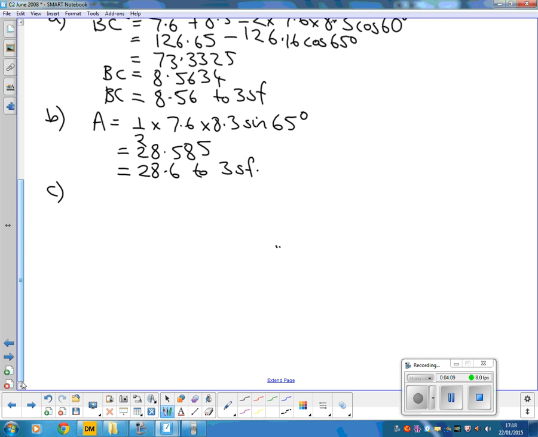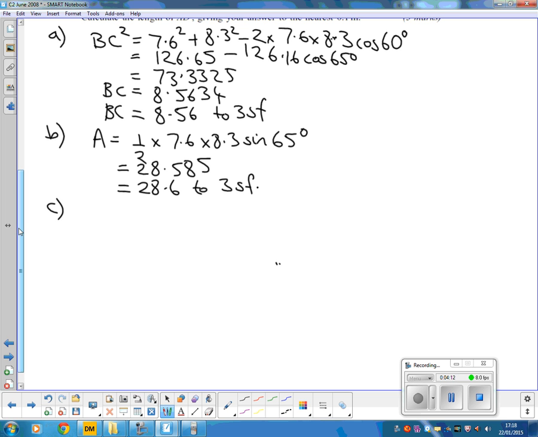So, as I'm now going back to use working, I'm going to use my more accurate figures. The area of the triangle is 28.585. So a half times the base times the height equals 28.585.